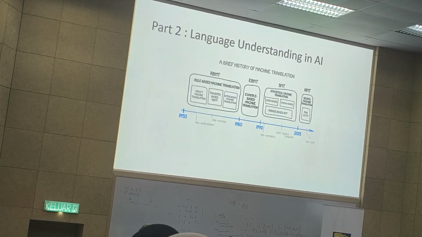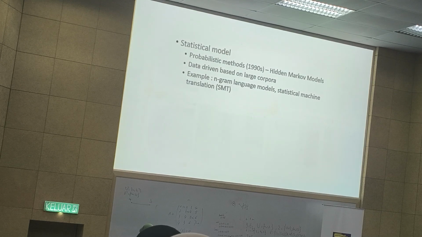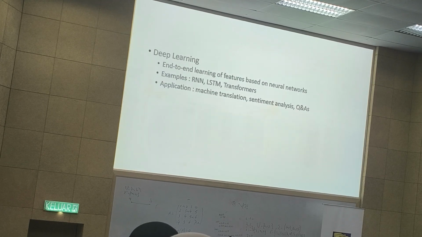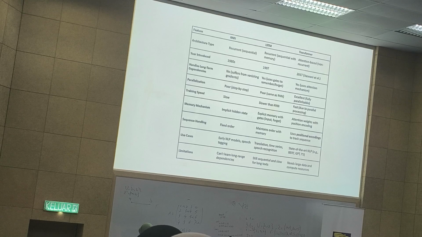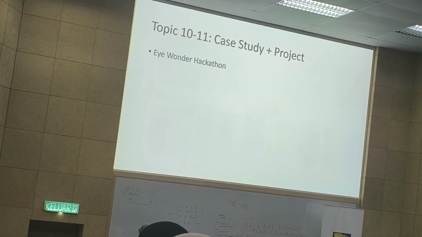In a nutshell, language representation can be divided into three: a rule-based system, a statistical model, and one based on deep learning. The differences between them have also been covered, so you can look into them.